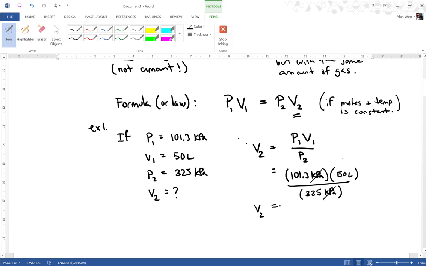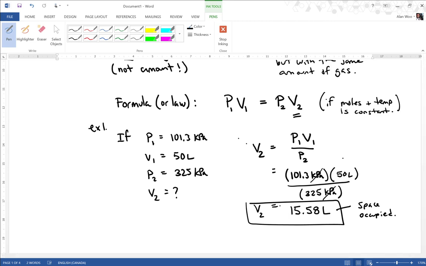So V2 is going to be equal to 15.58 liters. Okay, this is how much space it occupies. We don't actually have 15.58 liters of gas. Okay.